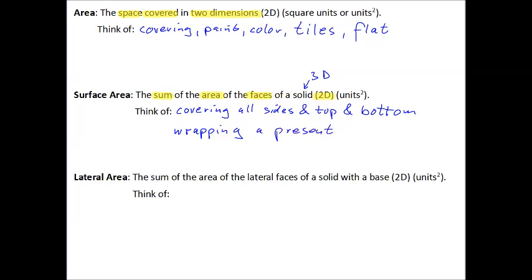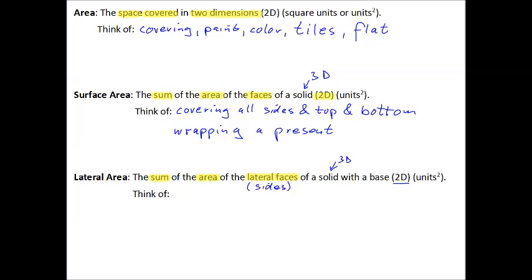And then we have the lateral area. The lateral area is the sum of the area of the lateral faces of a solid that has a base. And again, the solid is three-dimensional, but the lateral area is two-dimensional. When we talk about lateral faces, what we mean is the sides of that object.